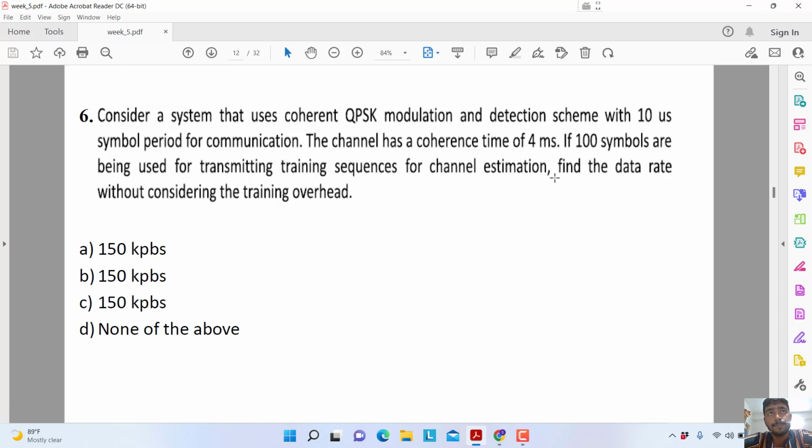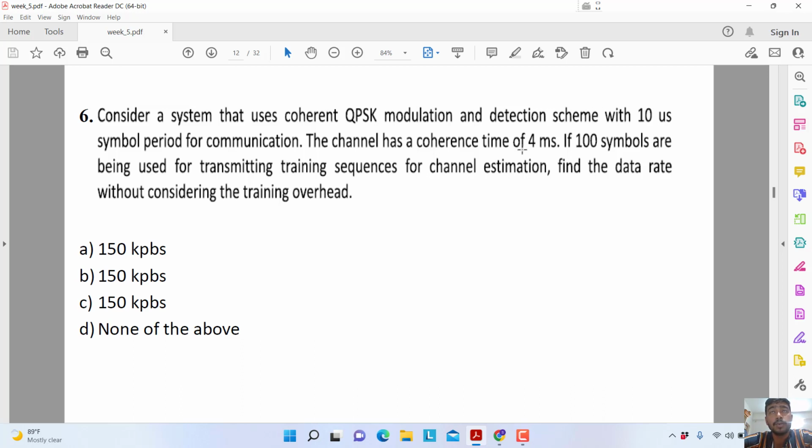Guys, please try. If anyone got the answer, can comment. I'm giving you a hint, guys. Firstly, we have the symbol period and the coherence time.